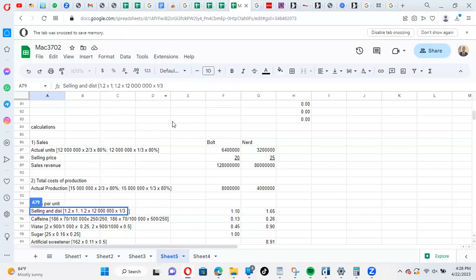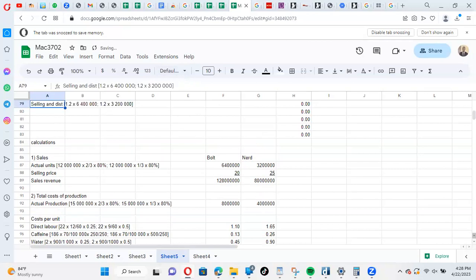So we need the actual sales. So it's going to be 6 million, and then here 400,000. Is it 400,000 or 4 million? Oh, sorry, no. It's here. We need this one. 3,200,000.